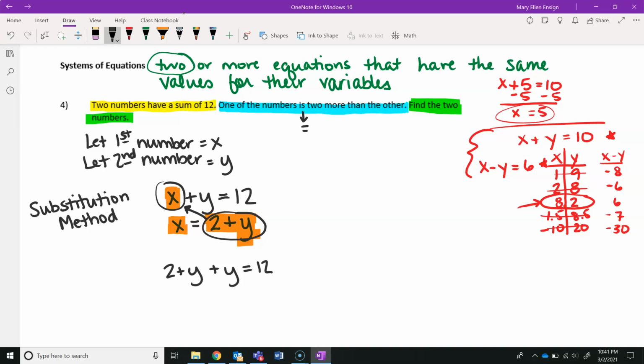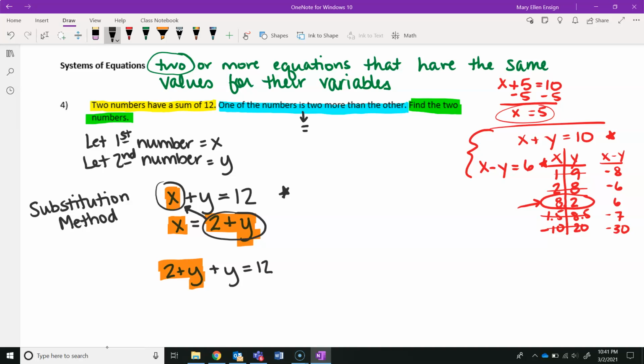So what I get then is 2 plus y equals 12. Make sure you understand why there are two y's there, right? There's my 2 plus y in place of x, but then I still need that other y, because I'm rewriting this top equation. So I'm going to have 2 plus y in place of the x, and then plus y equals 12.